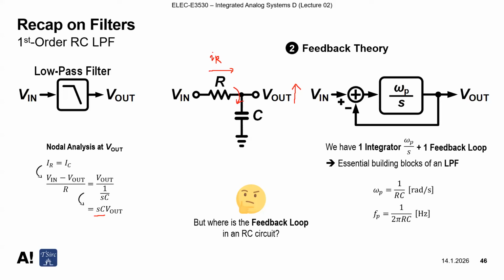So it is acting as a negative feedback, right? It doesn't want V out to blow up, and it doesn't want V out to go always to zero. So it is a very good solution for regulating our V out by means of negative feedback.